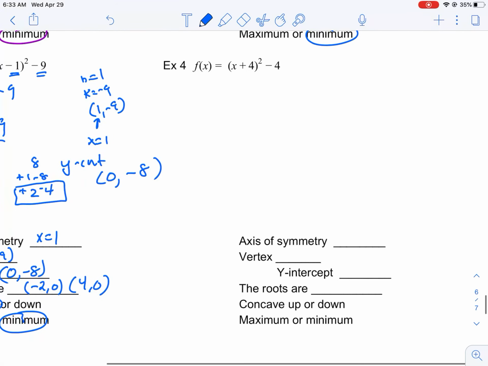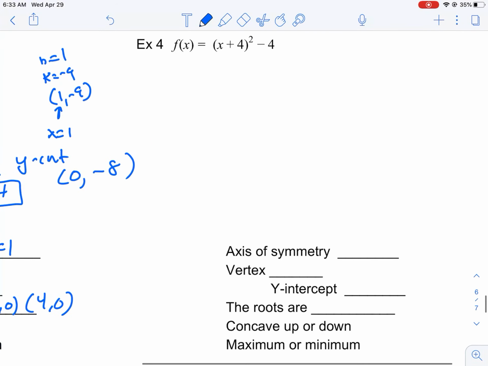Okay? And last but not least, example 4. So let's take a look. Is it concave up or concave down? The a value is not there, so it's 1, so it has to be positive, so it concaves up, which means there's a minimum. Okay? So let's find the vertex. Because this is in vertex form.